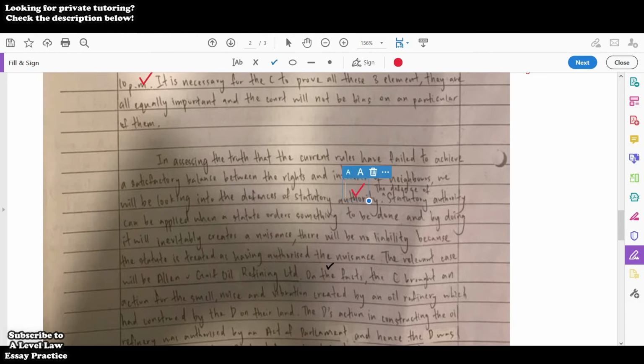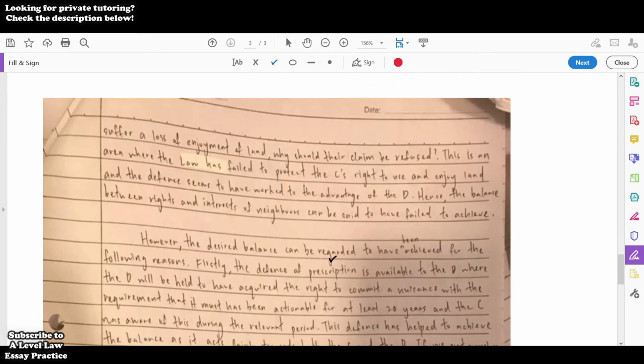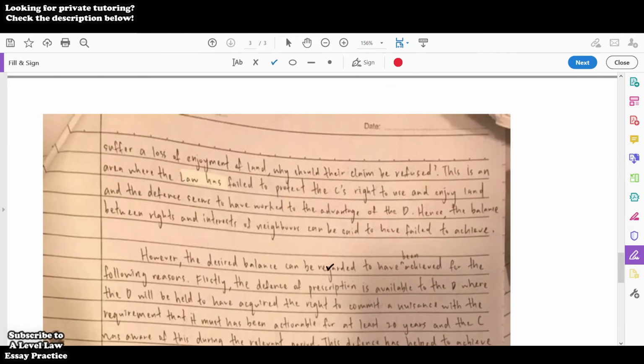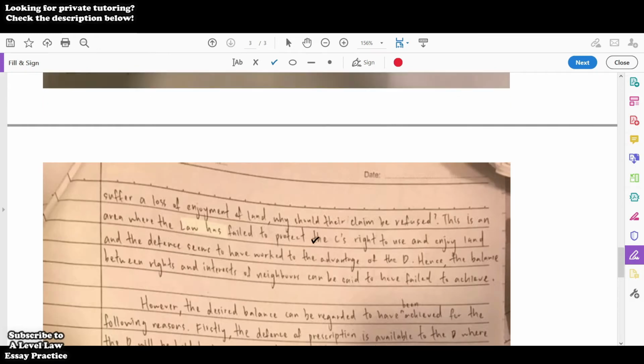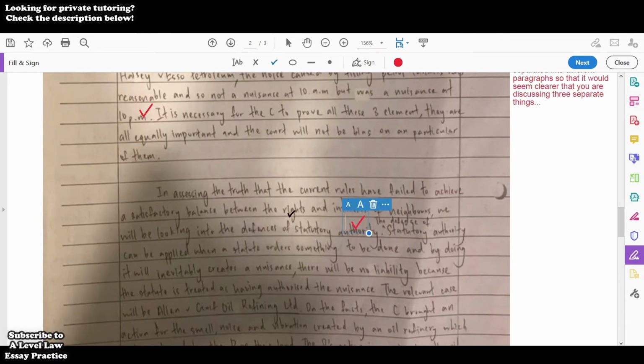In fact, I've seen down there already, the student actually did also talk about the prescription, as you can see here. It will be good because here you are trying to highlight both the rights and interests of neighbors already, and therefore the argument can be either way.